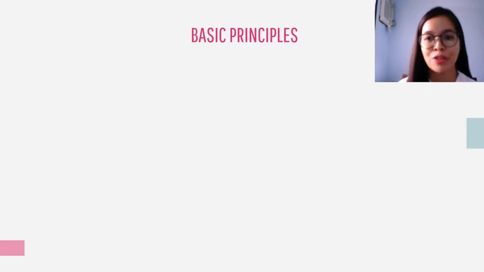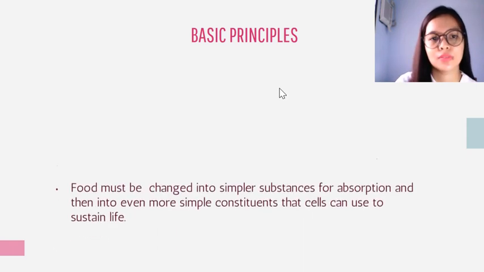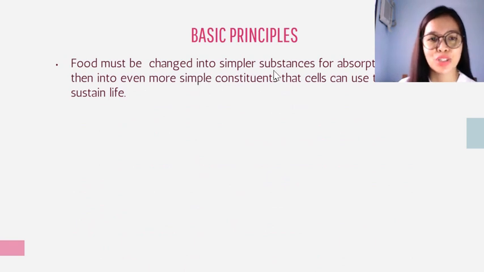All right, so let's first discuss the basic principles. Okay, so we have first, food must be changed into simpler substances for absorption and then into even more simple constituents that cells can use to sustain life.